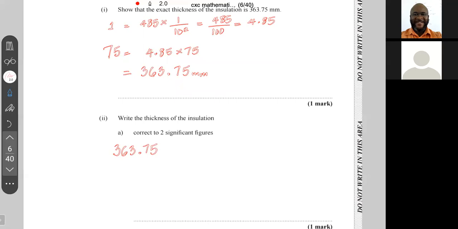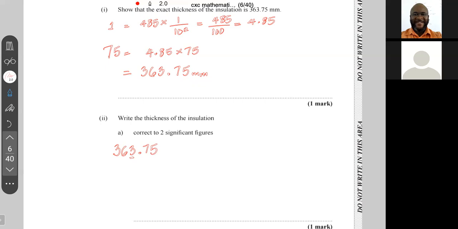Ladies, gentlemen, whenever you are asked to write a number to two significant figures, you must consider the digit which is the third significant figure. The first significant figure in a number is the first digit to the left that is not 0. So the first significant figure is 3, the second is 6, and the third is the 3.